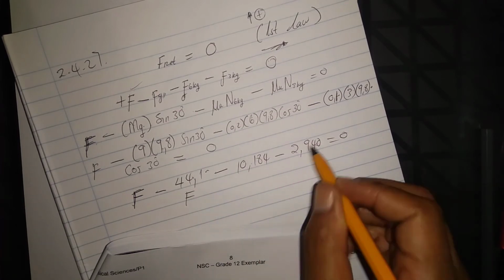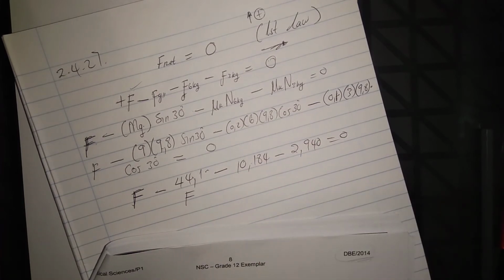F, now like terms, so it's 44,1 minus 10,184 minus 2,940.